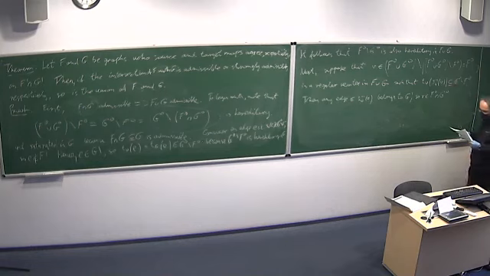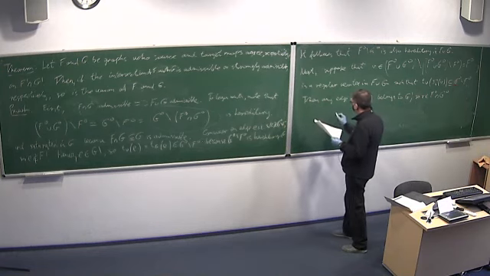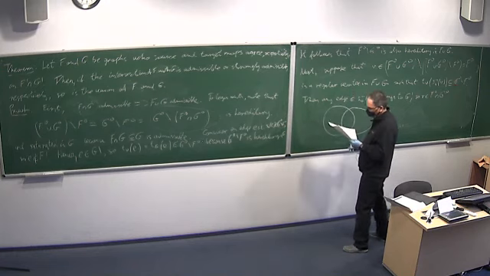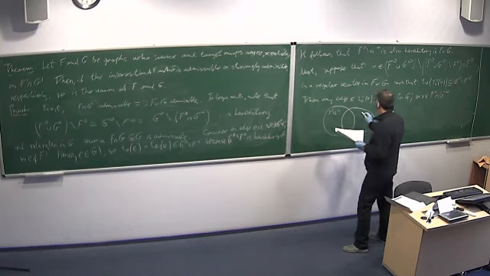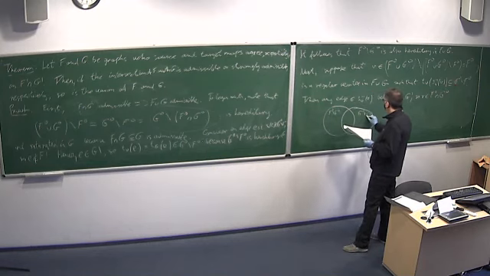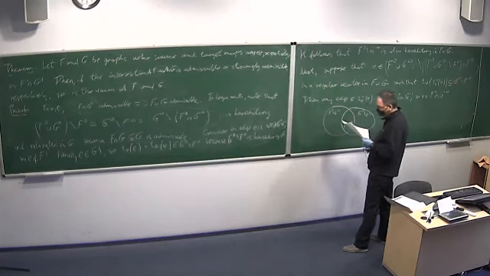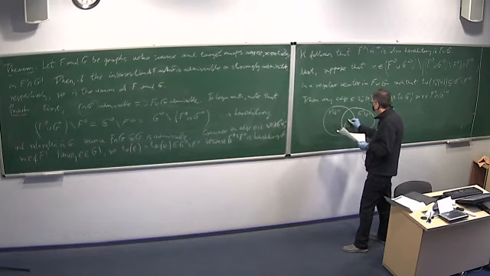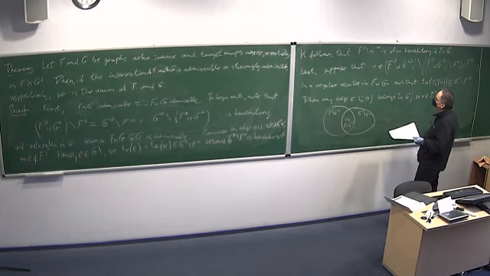So here I have a nice picture, which I want to draw. Here I have F naught less G naught. Here I have G naught less F naught. Here's the intersection of F naught with G naught. And we are looking at our vertex V, which we just established must be in the intersection.